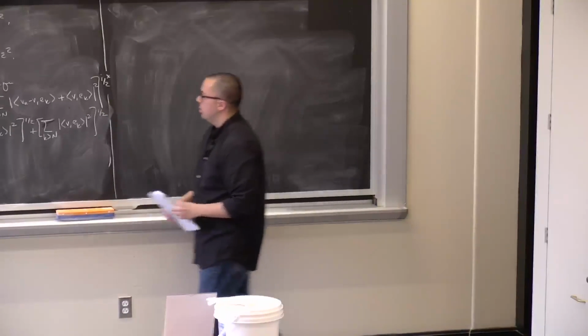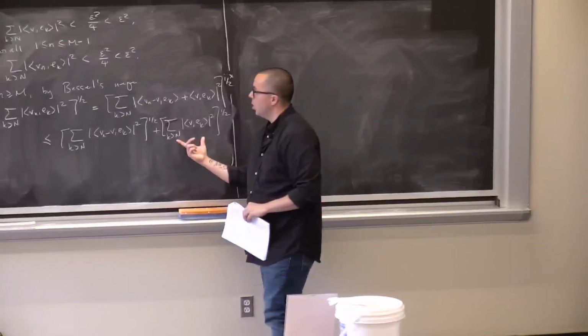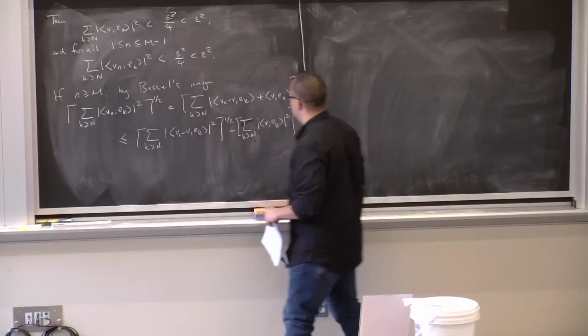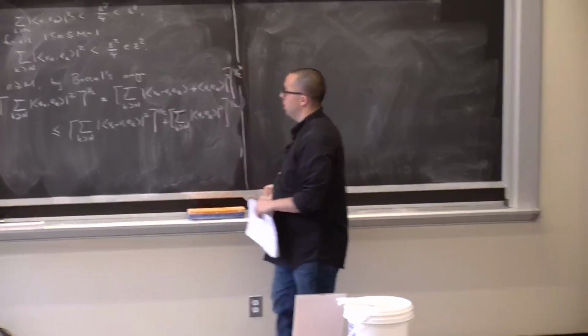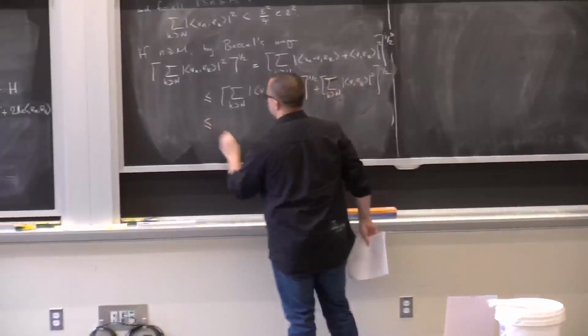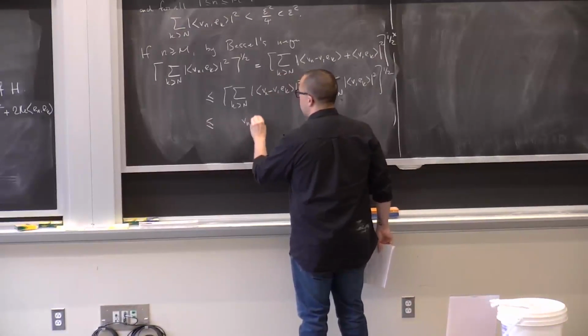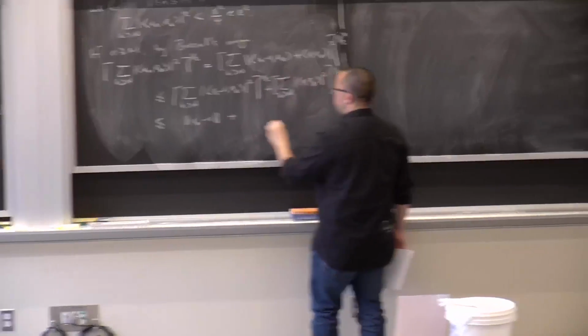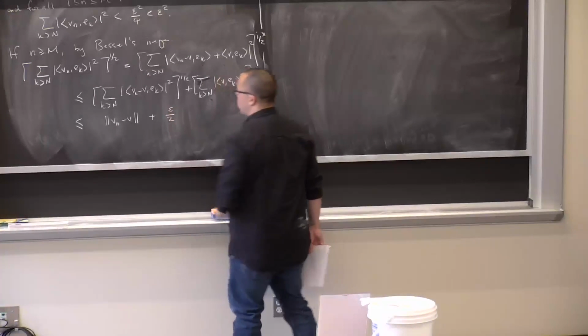Okay? Now, this quantity I already have control over. That's less than epsilon over 2. Right? I'm taking the 1/2 power here. And I can bound this by Bessel's inequality. This is less than or equal to the norm of Vn minus V plus, and then using the bound for this, epsilon over 2.